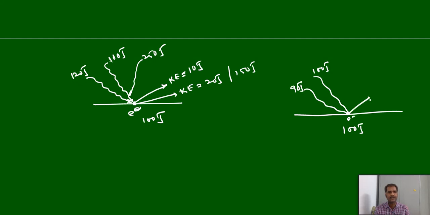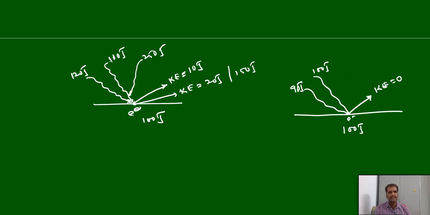Then what about the kinetic energy of the ejected electron? 90? Think once again. Sir, no kinetic energy. So here the kinetic energy is 0.